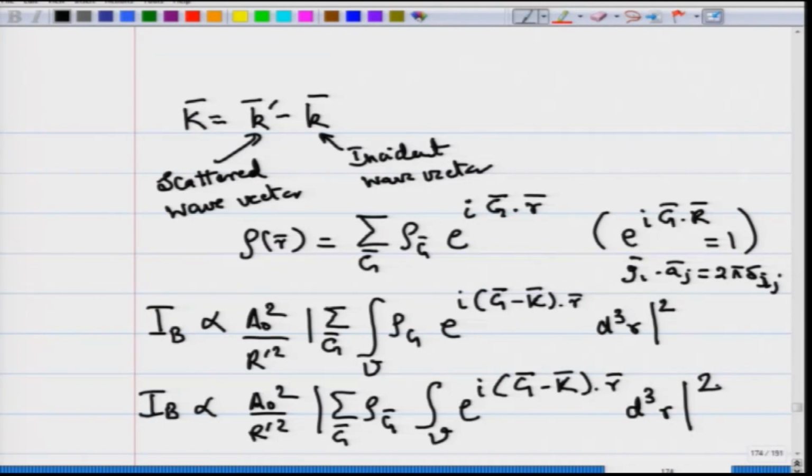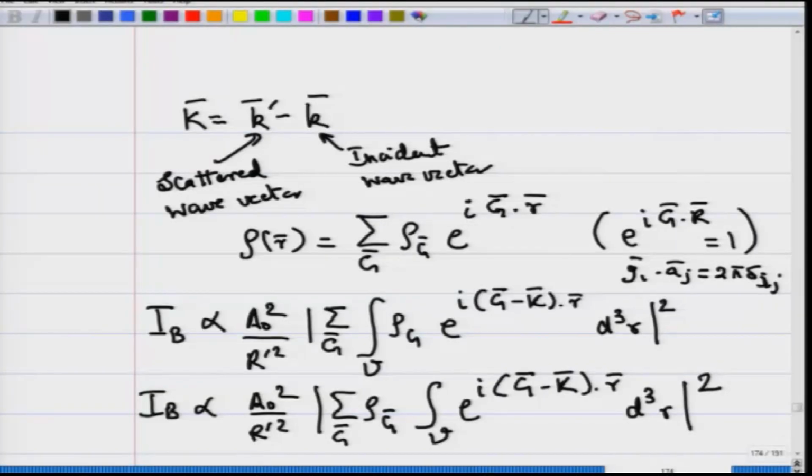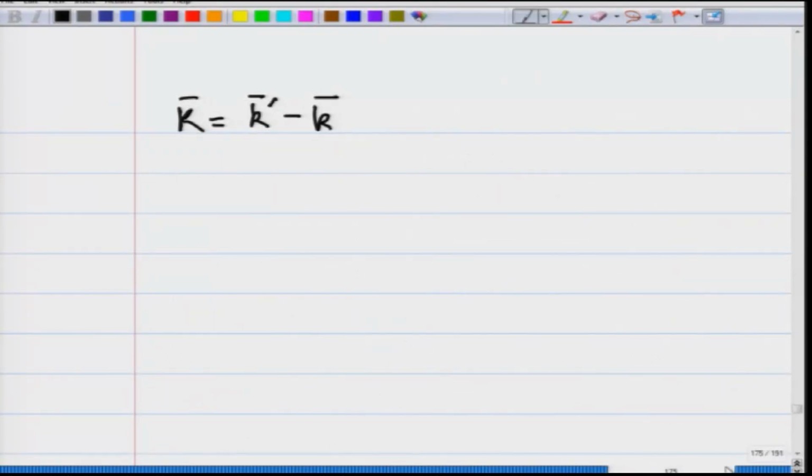So, now we have introduced our reciprocal lattice vector. For a given lattice, we construct the reciprocal lattice, and that is associated with reciprocal lattice vectors, and now in our scattered intensity this reciprocal lattice is appearing explicitly. How does it help?